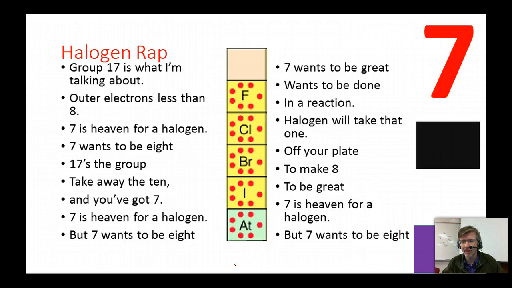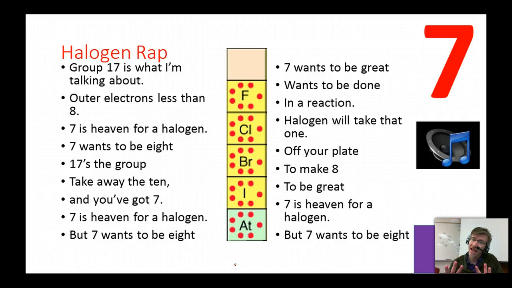Here's the halogens. Group 17 is what I'm talking about. Outer electrons less than 8. 7 is heaven for a halogen, but 7 wants to be 8. Seventeen is the group.